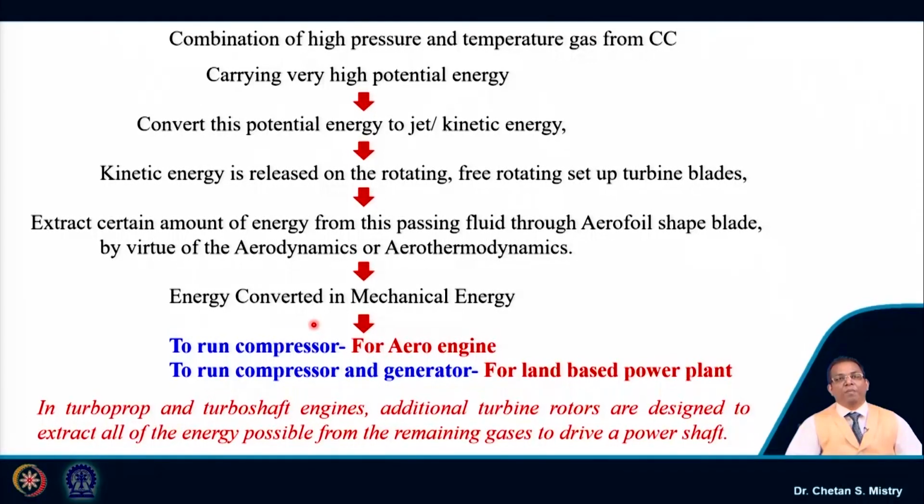This mechanical power, as we have discussed, is used to rotate the compressor for the aero engine. It is used to rotate both compressor and generator for the land based power plant, and for turboprop and turboshaft engines we have an additional turbine stage that is used to rotate the shaft for the propeller as well as for the rotors.